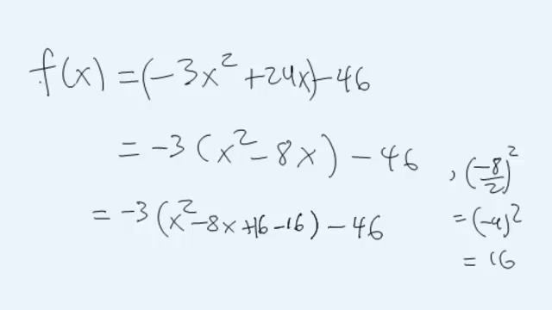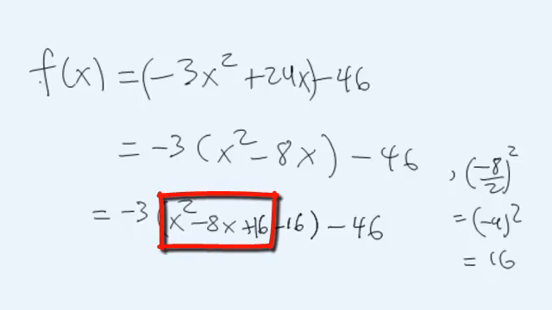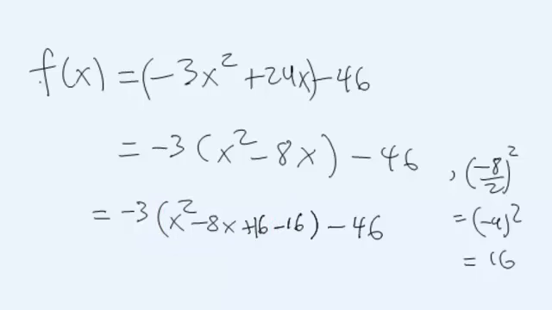All right. Now remember, the first three terms inside the parentheses are my perfect square. The negative 16 on the back end I don't want in there, because I want a perfect square. So I need to take it out, but first I need to multiply it by the negative 3.